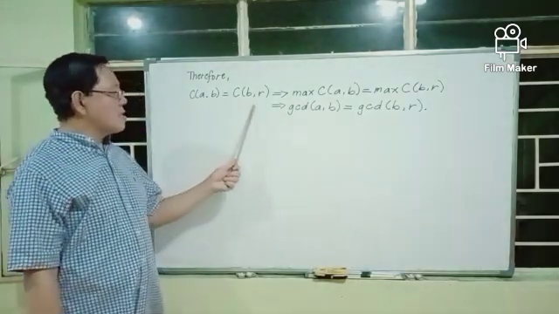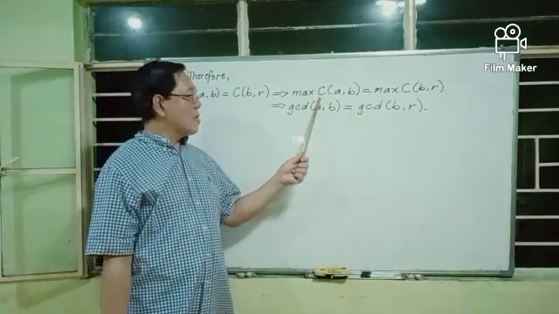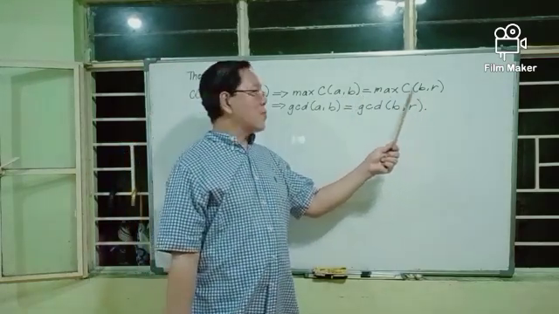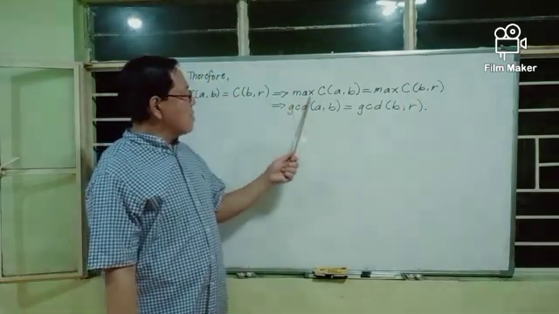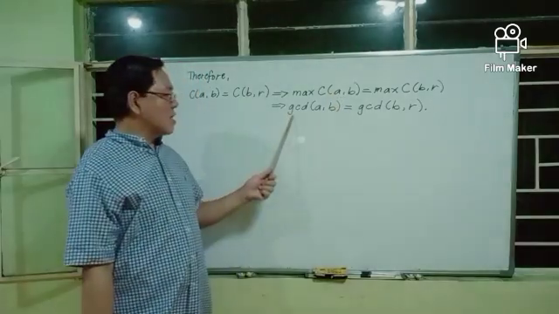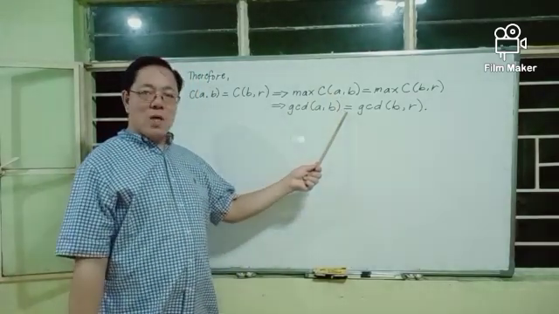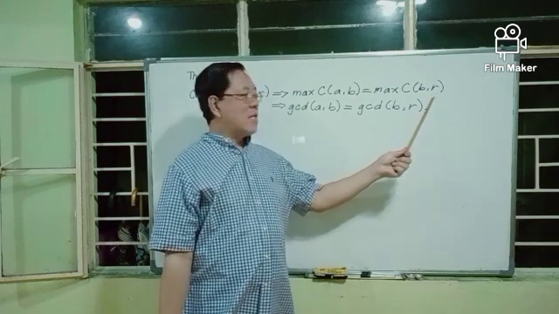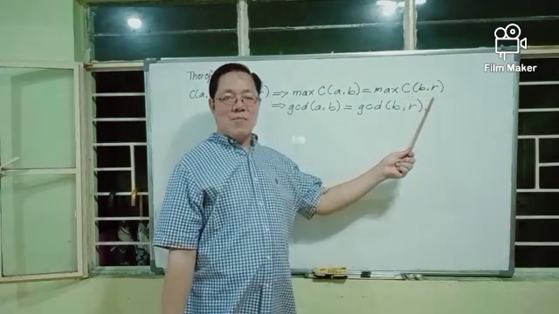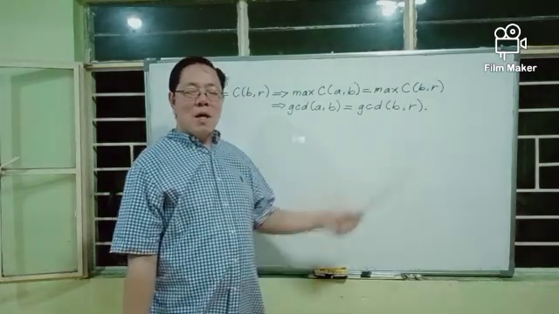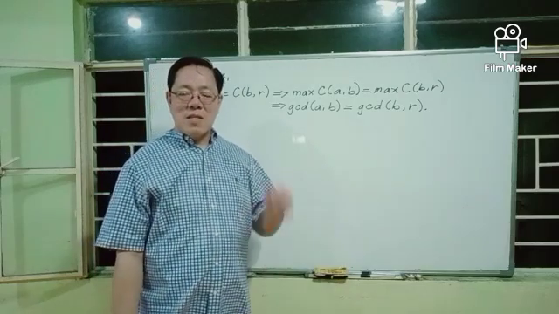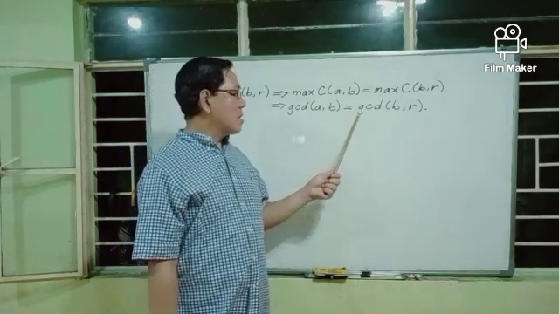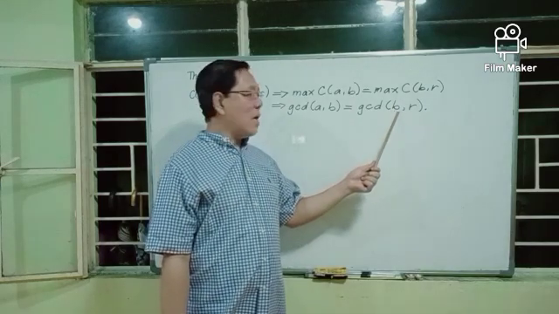So the equality of these two sets implies that the largest element of the set of common divisors of A and B, which is defined as the greatest common divisor of A and B, is equal to the largest element of the set of common divisors of B and R, defined as the greatest common divisor of B and R. Therefore, if A is greater than 0 and B is greater than 0, the greatest common divisor of A and B is equal to the greatest common divisor of the integer B and the remainder R.